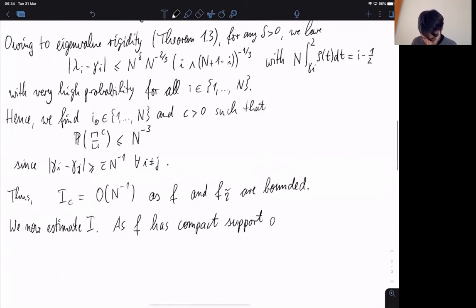F has compact support, say in a large ball in R2, and the zeta is some n to the Xi, so that's large.